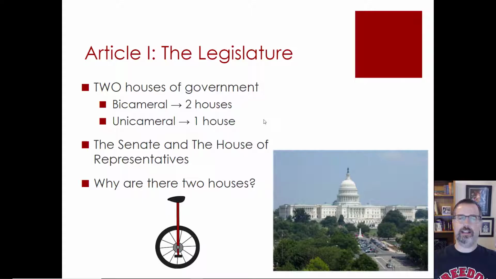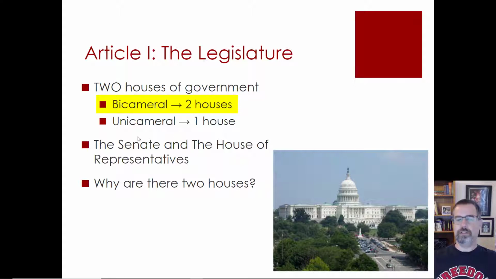In the United States, we have a bicameral legislature of two houses, or two different groups of people. The two groups are called the Senate and the House of Representatives. If you remember from my previous video, why are there two houses? During the creation of the Constitution, there was a large argument between the large states in population that wanted representation to be based on population, known as the Virginia Plan.